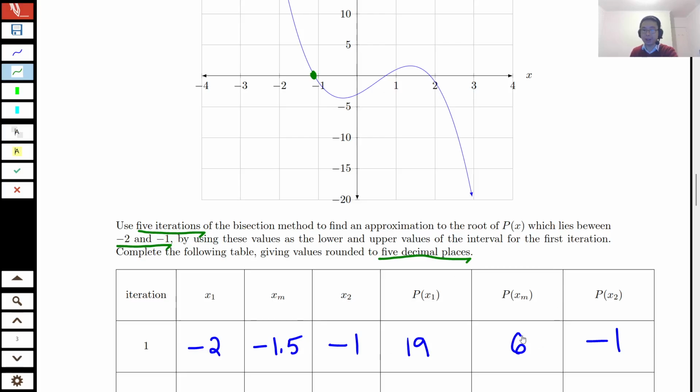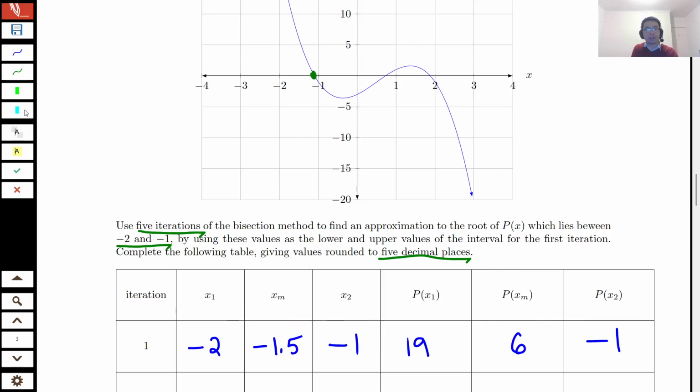It changed sign from a positive value to a negative value in the upper half of my brackets. So when I go to the next iteration, I'm going to use -1.5 as my lower bound and -1 as my upper bound.